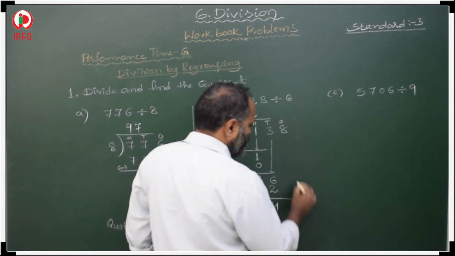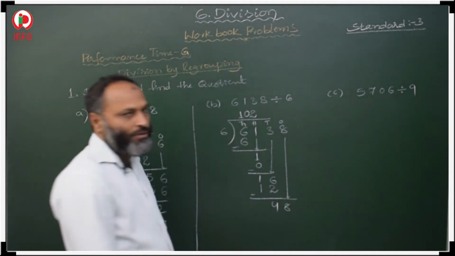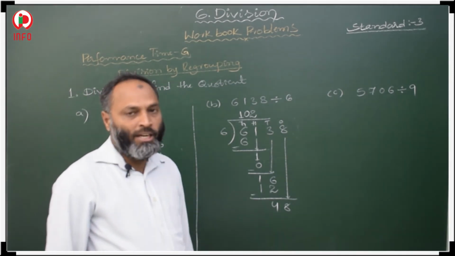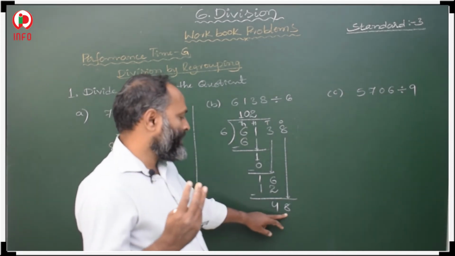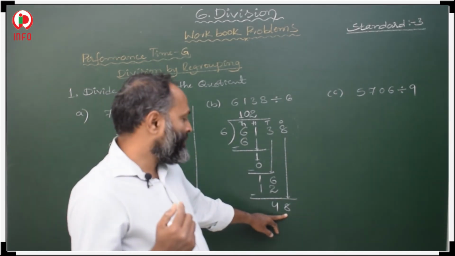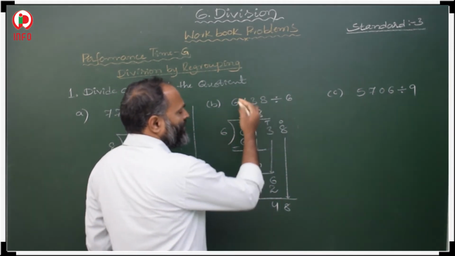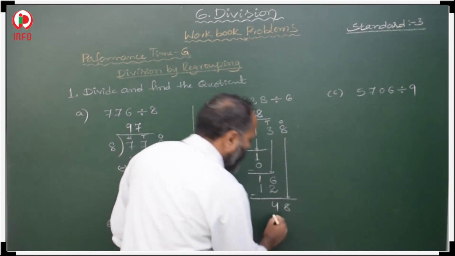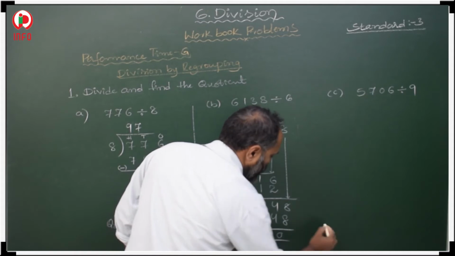Then after that, 8, the 1's place we have to copy. Then in the 6 table when will you get 48? Read your 6 table: 6 5's are 30, 6 6's are 36, 6 7's are 42, 6 8's are 48. 8 goes here in the quotient place. 6 8's are 48. Same number minus same number, 0.